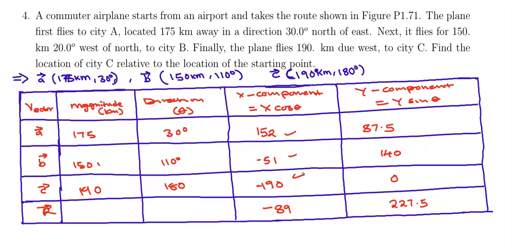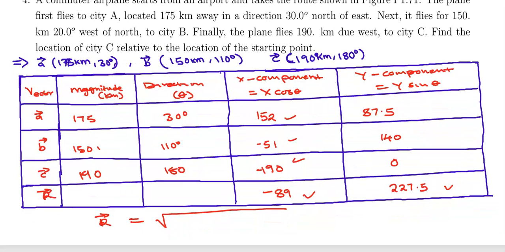Now to find the magnitude, we are going to use this and this. In our formula, the magnitude will be the square root of negative 89 squared plus 227.5 squared.